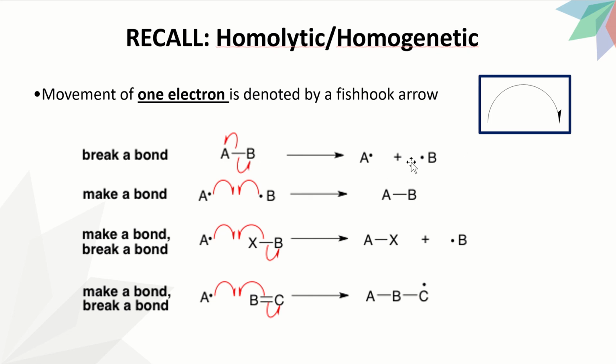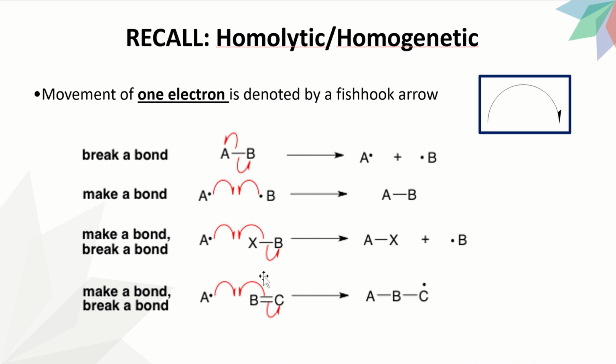We end up with two radicals. And of course, to make a bond, the fishhook arrow has to start from both, and where they join suggests that we have a new bond being formed.